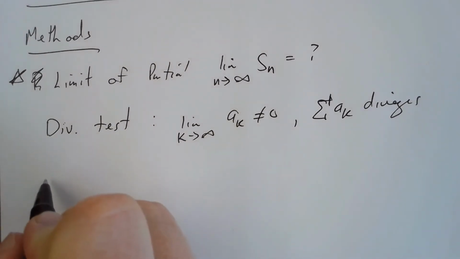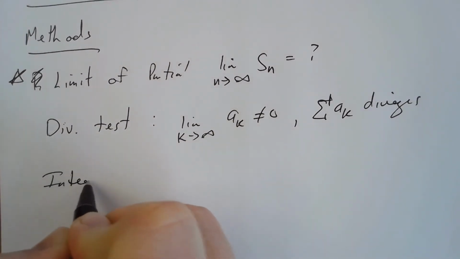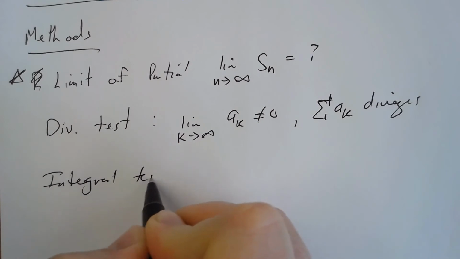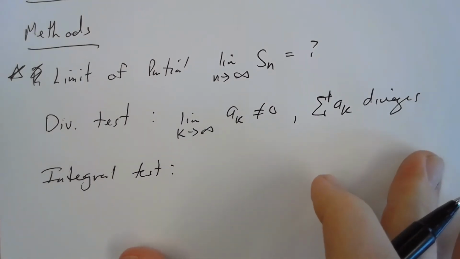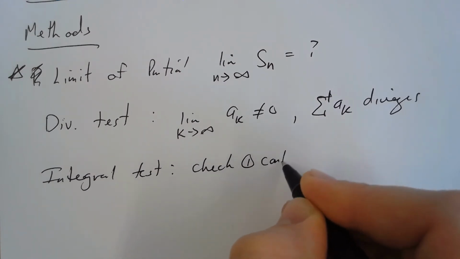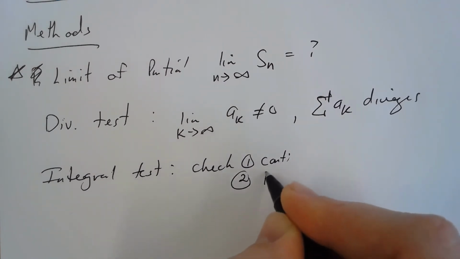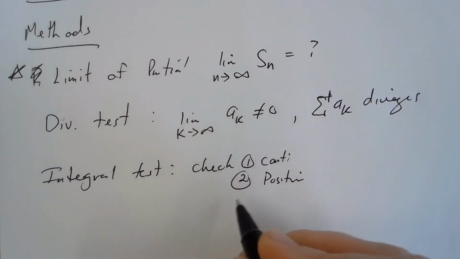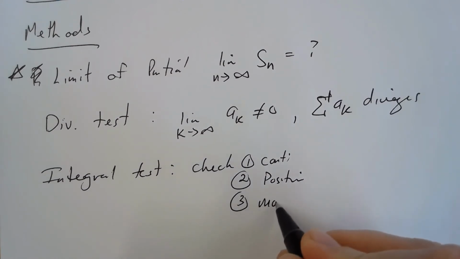Your next test is the integral test. And again, the integral test specifically has it set up that we have to check first off three things: number 1, continuity, number 2, is it always positive, and number 3, is it monotone decreasing?